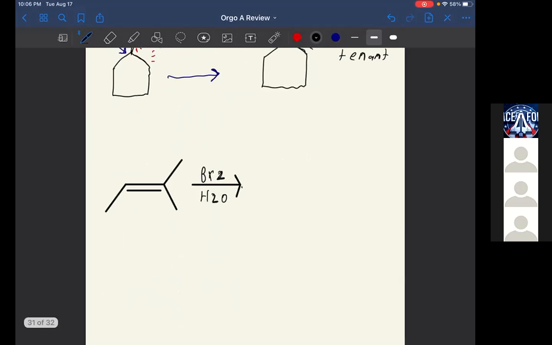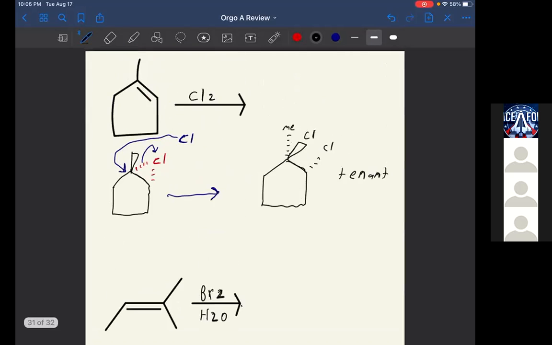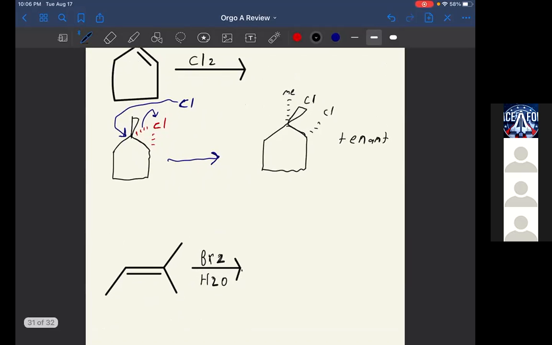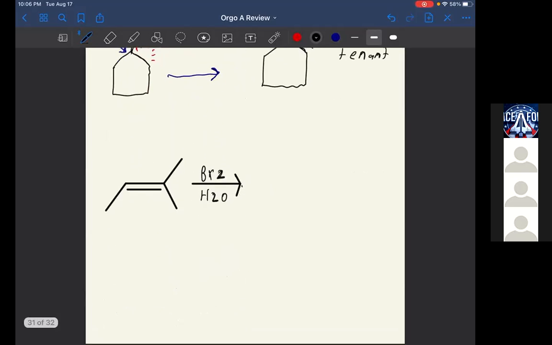And then one more of these additions. These are called anti-addition of halogens. So anytime you see Br2, Cl2, I've never seen I2. I've only ever seen Cl2 and Br2. That's all Daniel ever gave us last semester. But if you do see it with H2O on the bottom, that's the solution, and instead of adding another Br, it then adds an OH.